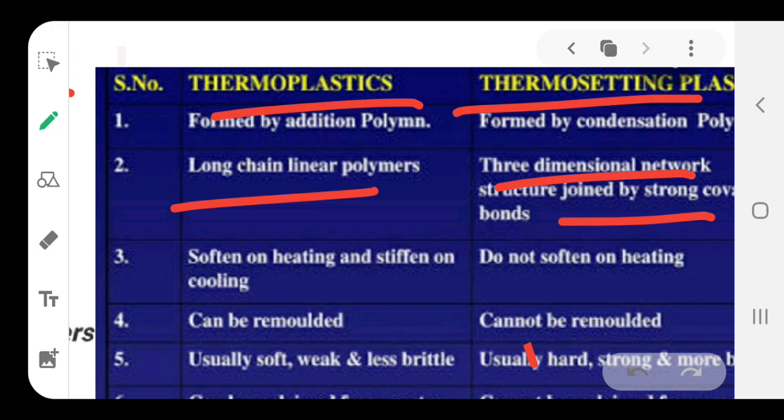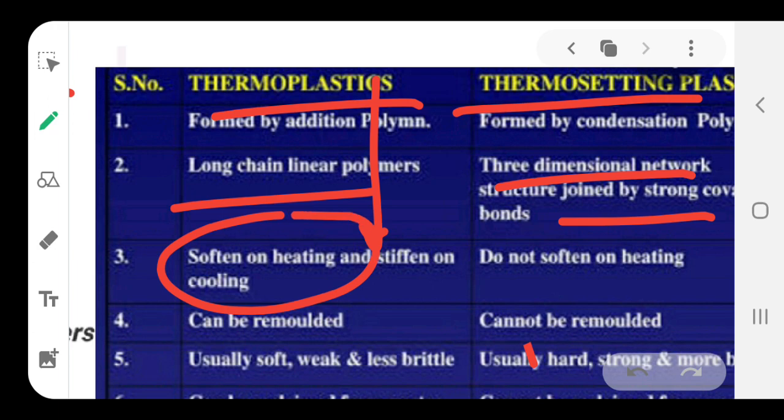But the most important point is that thermoplastics are softened on heating and stiffened on cooling. When you heat them, they become soft, while when you cool them, they stiffen up.